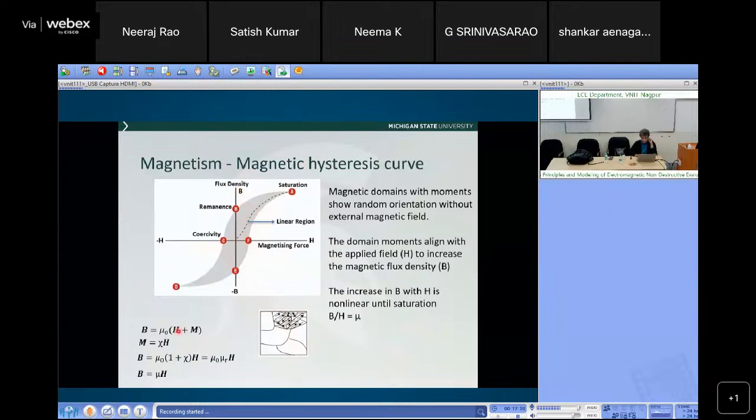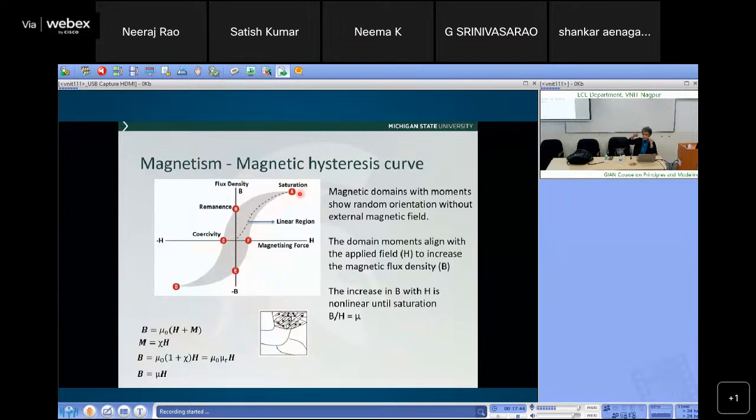The equations are given as a function of H as well as the magnetization. And at some point, everything is saturated, everything is aligned, and that's your saturation point, that is A. Then when you reduce the magnetic field, look at it as a sinusoidal excitation.